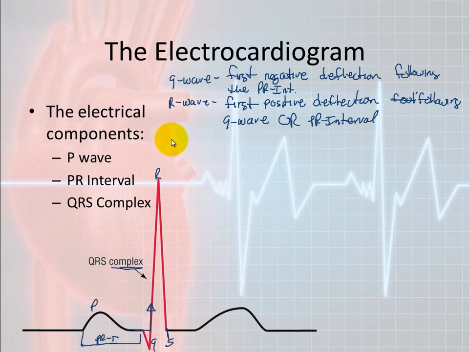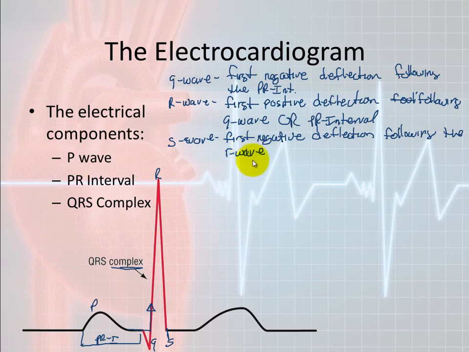The last wave that you're going to have is something called an S wave. Now the S wave is a little bit more complicated, but not too much. The S wave is the first negative deflection following the R wave, but there's an extra piece of criterion that goes along with this.